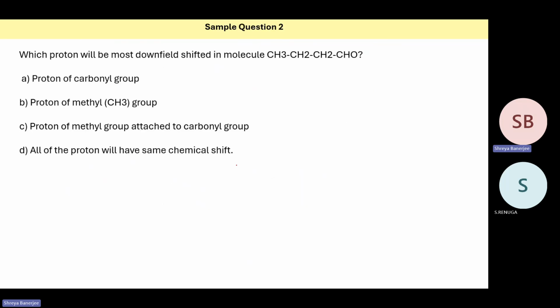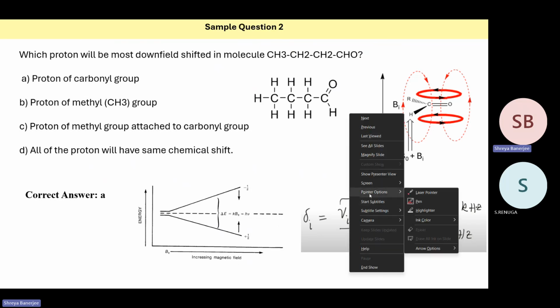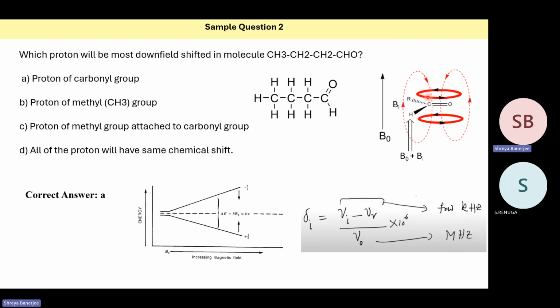Then another question is: which proton will be most downfield shifted in this molecule? This is butyraldehyde, so CH3, CH2, CH2, CHO. We know about the anisotropic effect.